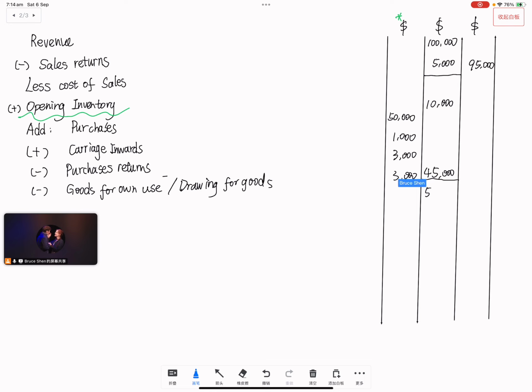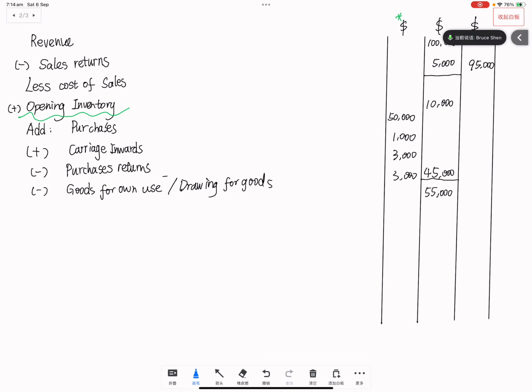But just like what I have already said, we have closing inventory, that will turn out to be the cost of sales. I assume the closing inventory is 20,000. So at last, we have a figure here.